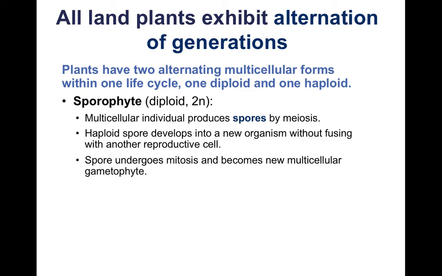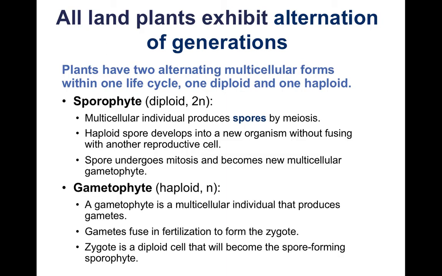And this haploid multicellular form is called the gametophyte, okay? So gametophyte, haploid. A gametophyte, it's multicellular, and it's going to produce gametes. So remember, phyte means plant. This is going to be the gamete-producing generation. So this haploid multicellular form, they're going to produce the egg and the sperm, okay?